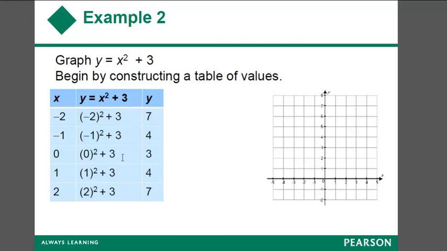That gives me 7. Negative 1 squared is positive 1 plus 3 gives me 4. And so forth. So I have ordered pairs negative 2, 7, negative 1, 4, 0, 3, 1, 4, 2, 7. Let me just ask you, what would be considered my domain in this particular problem?